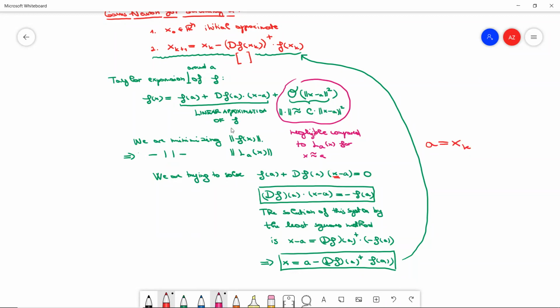And then we use what we know from linear systems, that the solution of the linear system by the least squares method is exactly if we multiply both sides with the Moore-Penrose inverse. So this is the idea behind Gauss-Newton's method.